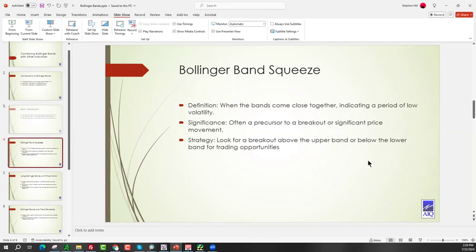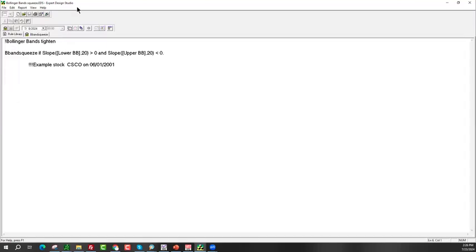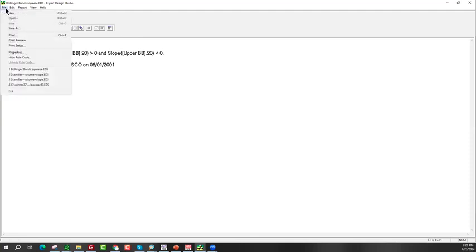There's a lot of discussion about how long you have to wait for it to have broken out in order for it to be significant. I would suggest it has to be within a few days. So what I did was take the standardized EDS strategy, the Bollinger Band Squeeze, which is actually in your system.